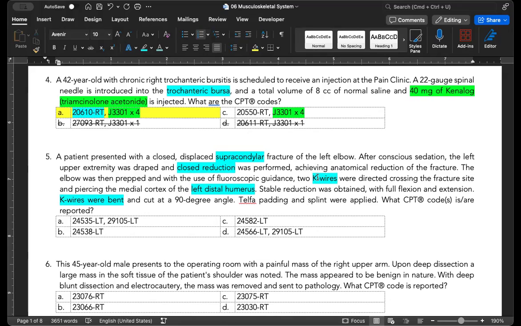Okay. So underneath supracondylar, we'll go look at the percutaneous fixation. And you've got 24538. So it's only a single code.